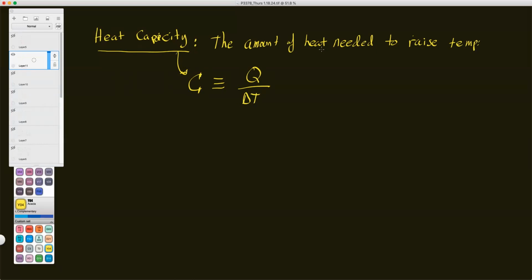So another quantity is the specific heat capacity, which has the mass in it as well. It's defined as the regular heat capacity over M. It makes sense that you need the mass in there, because how much of the substance there is makes a difference in how much heat you have to put in to raise the temperature.